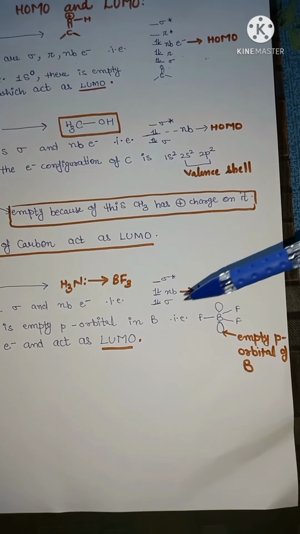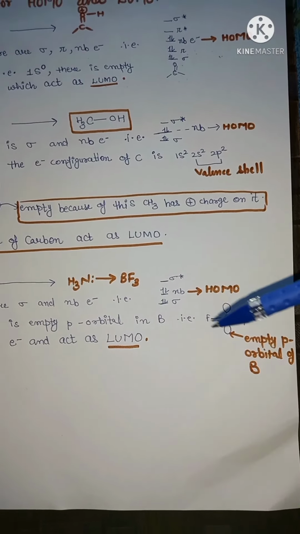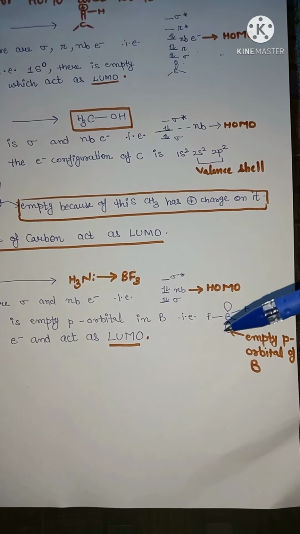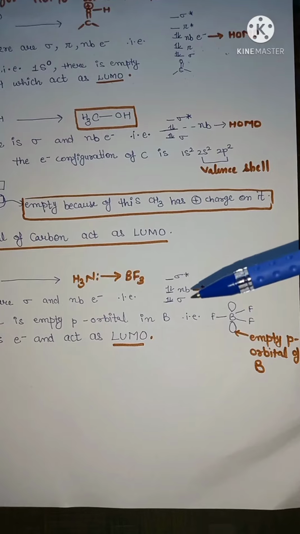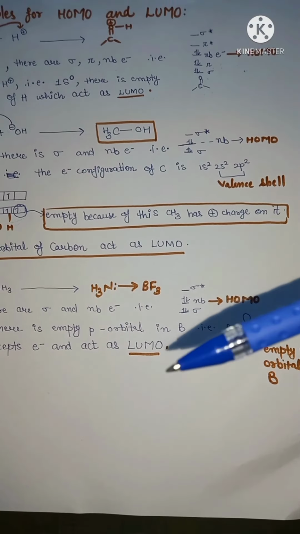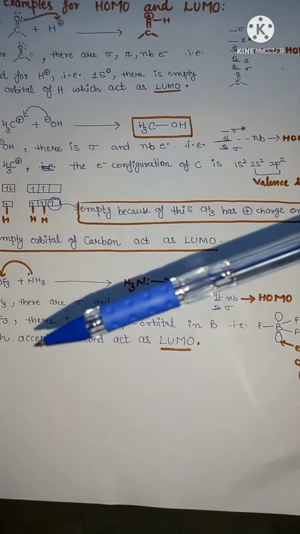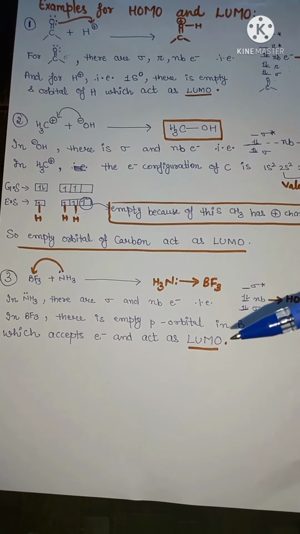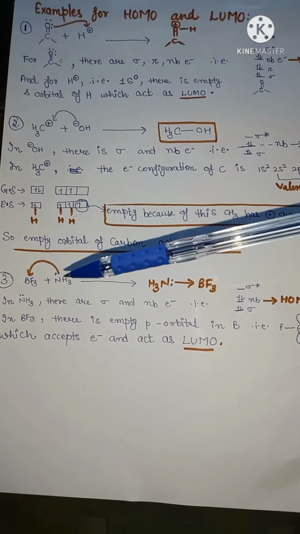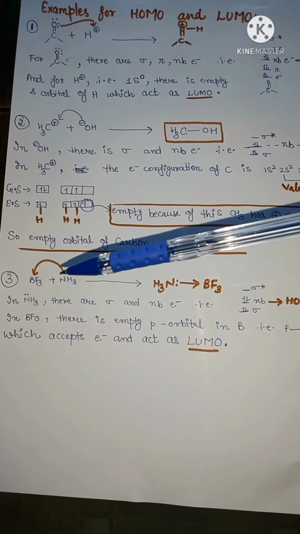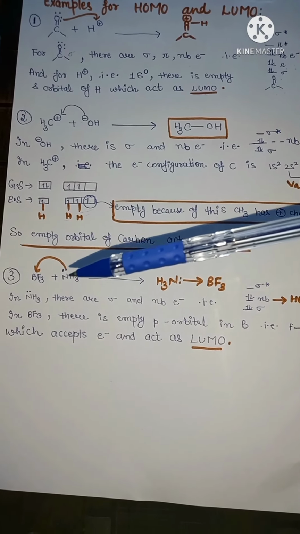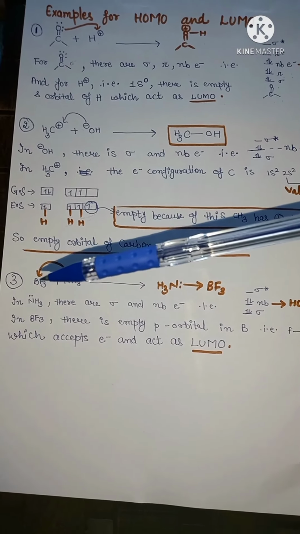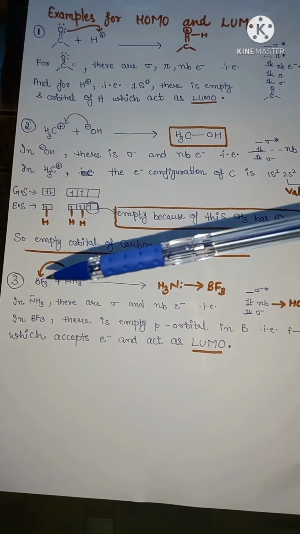As we see its structure, the p orbital is totally empty and it will accept electrons from HOMO, and therefore the p orbital of BF3 will act as LUMO. So in this example, NH3 non-bonding electron will act as HOMO and BF3 empty p orbital will act as LUMO.